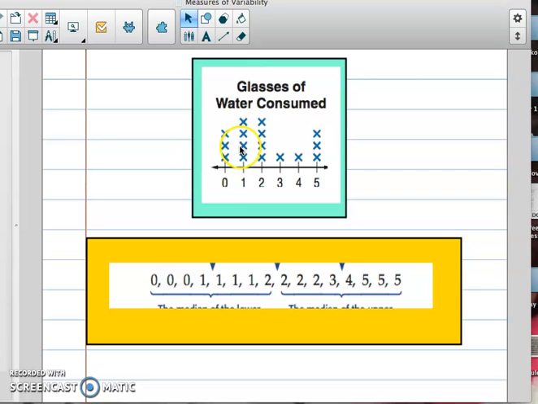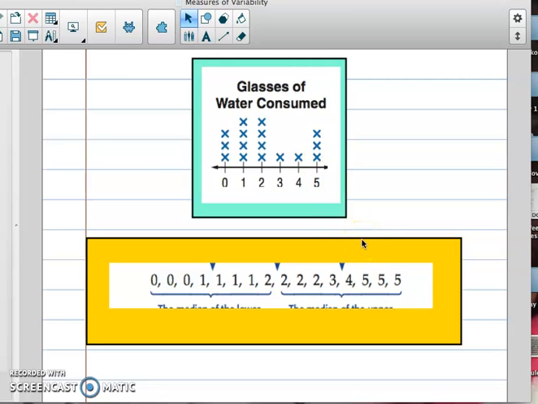But based on here, we have 0. It means they did not consume a glass of water, maybe half, maybe only 1/4 of a glass of water. So there are 3 of them, 3 people did that. And consume 1 glass of water, and there are 4 of them. And consume 2, there are 4 of them, and so on and so forth. So at 3, there are only 1, and 4, there's only 1. And 5, there are 3 people who consumed a glass of water.